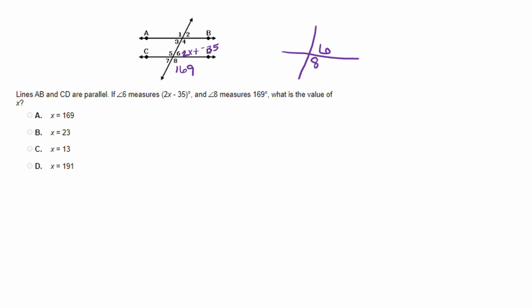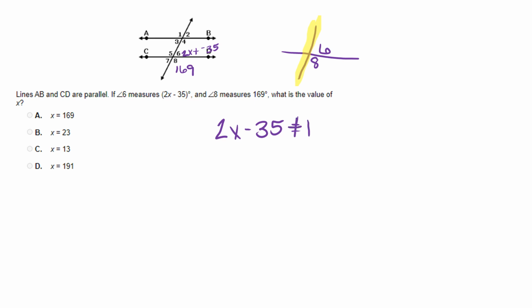As you notice, they have the exact same backbone. They make this straight line here, which means they add up to 180 degrees. So because they are a linear pair or supplementary, they add up to 180 degrees.